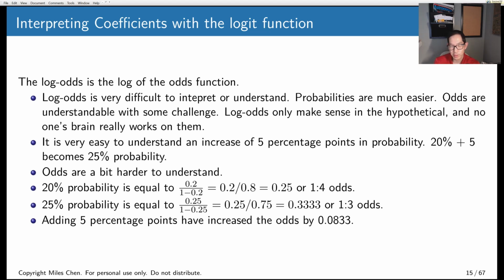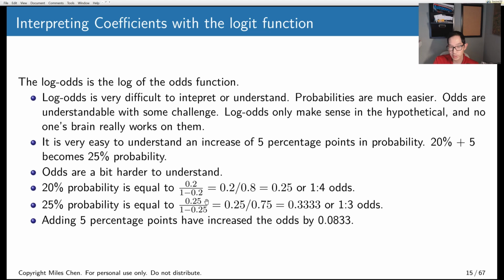If we convert the probabilities to odds, then we can talk about a change in odds. The way you calculate odds is probability of success divided by probability of failure. So a 20% probability of success gives us 1 to 4 odds.